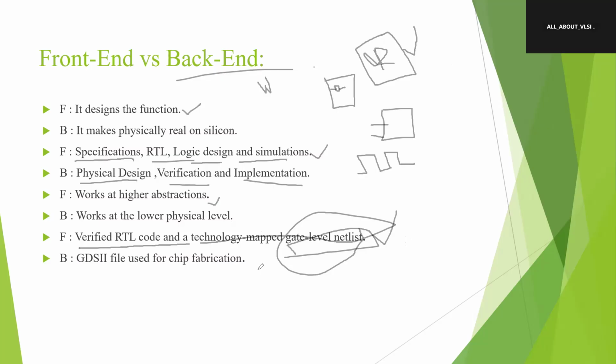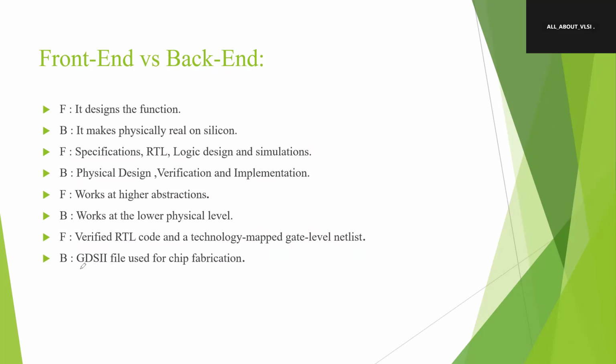The main input to the backend people is this gate level netlist, right? After that, backend people work up to generating the GDS2 file. I'll explain it further in future classes: what is this GDS2 file and what is the gate level netlist and all. Don't confuse.